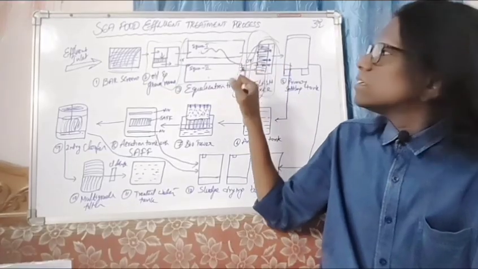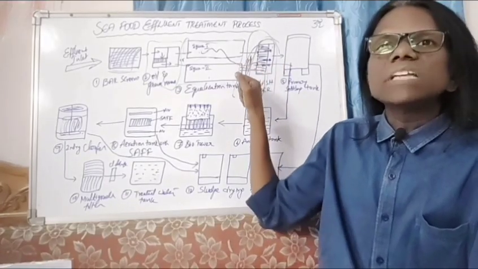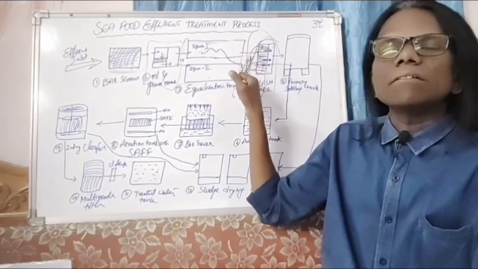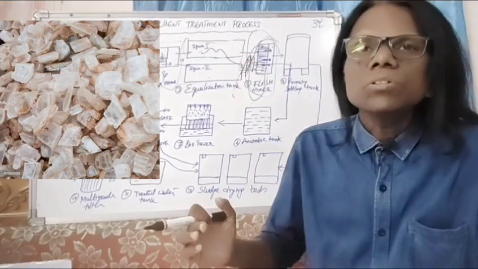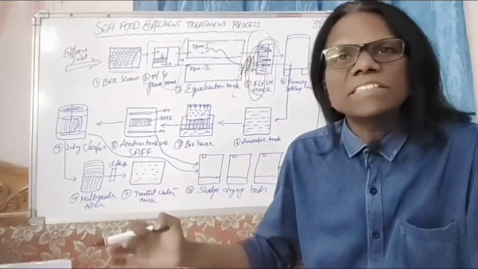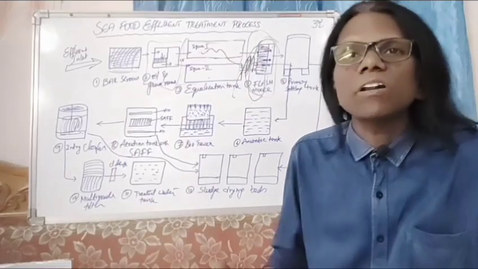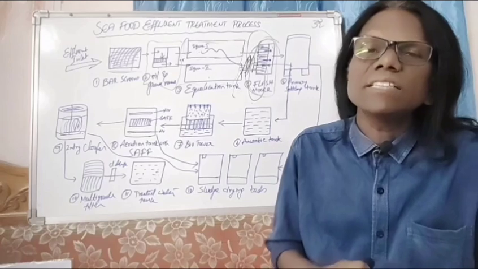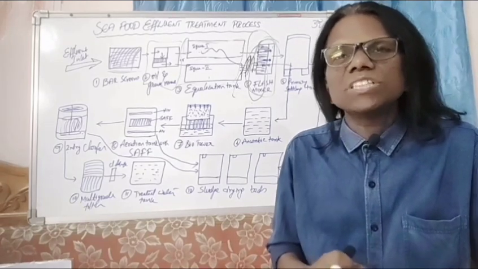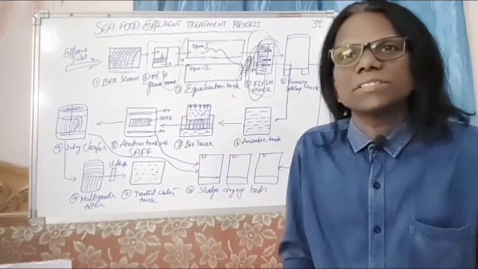Through the process, the chemical doses like ferric aluminum sulfate and polyelectrolytes are added continuously, drop by drop. So settleable solids settle on the bottom and floatable solids form on the surface as floccules, which can be easily removed in the next process.